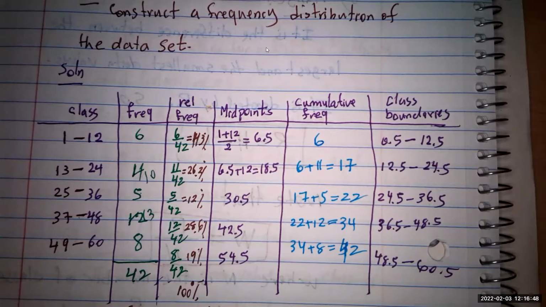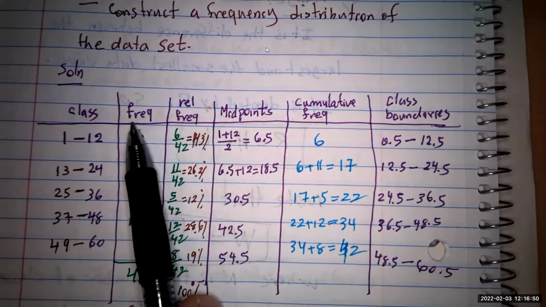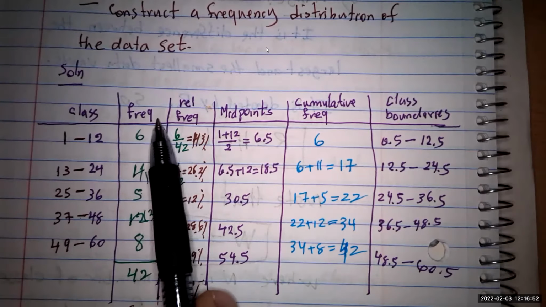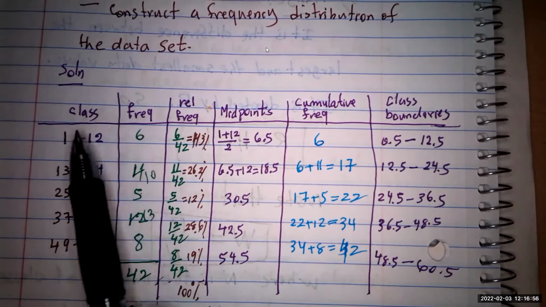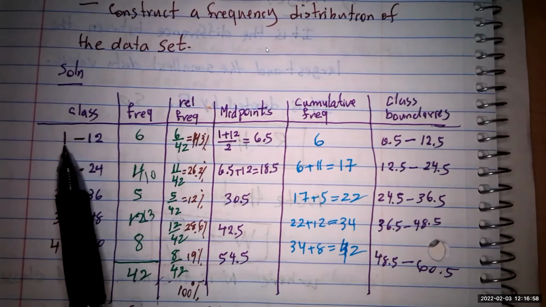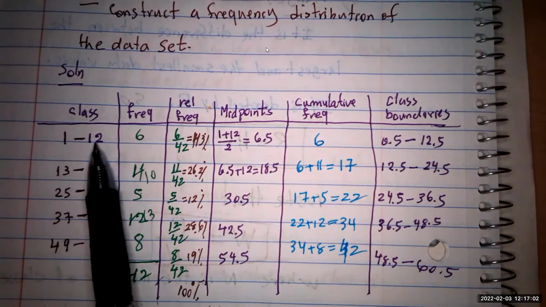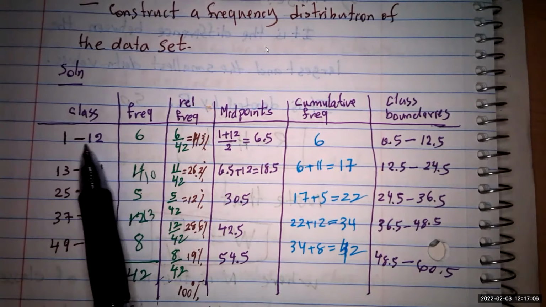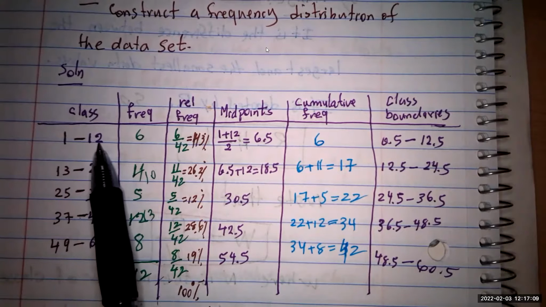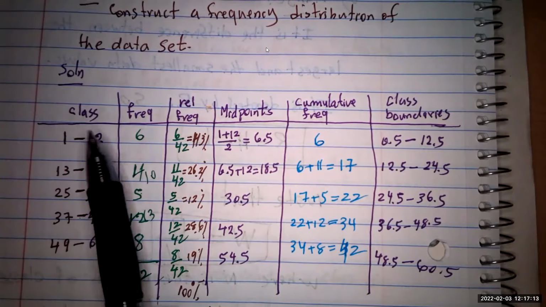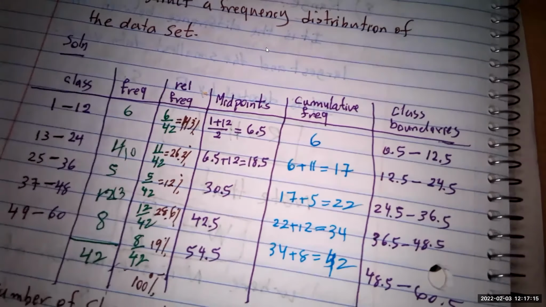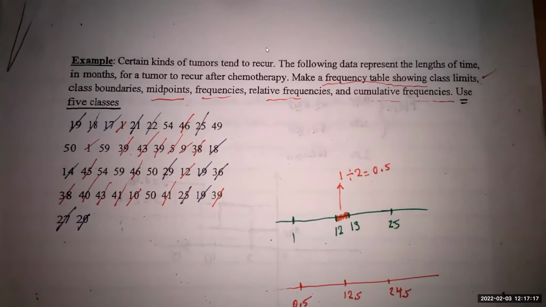The second column is called frequency. Frequency is the number of repetitions. So you go to that data set that we talked about, and check how many numbers are between 1 and 12. How many patients do you have whose tumors reoccur between 1 and 12? We are going to count them. For example, this is the one that we have.